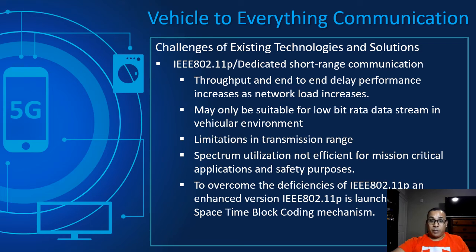Transmission range is short, and utilization of spectrum is not efficient. To overcome the deficiencies laid out above, a new enhanced system is launched based on different coding mechanisms to address existing concerns.